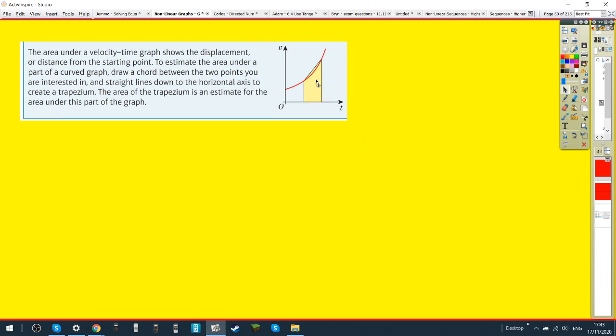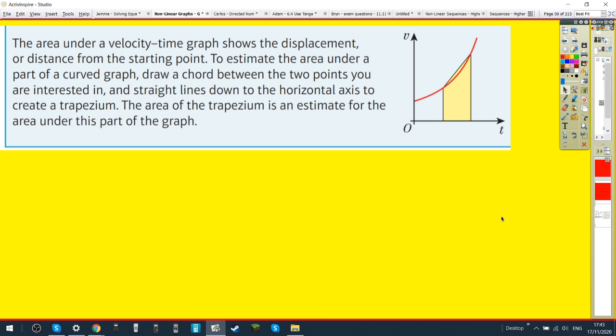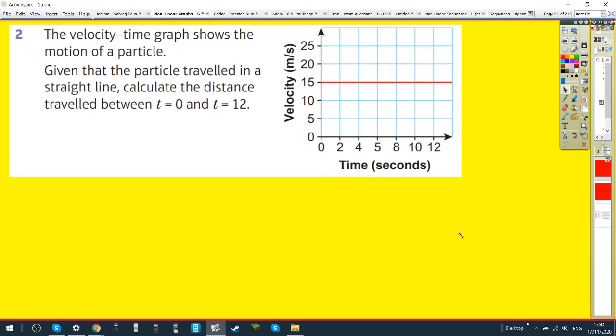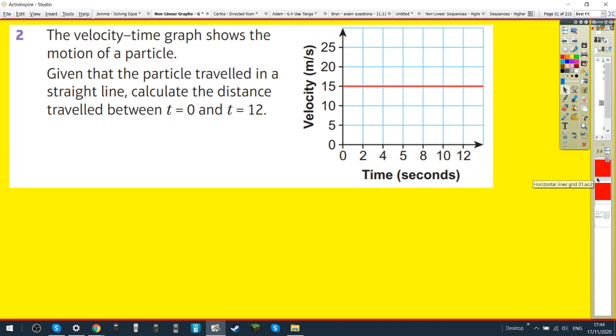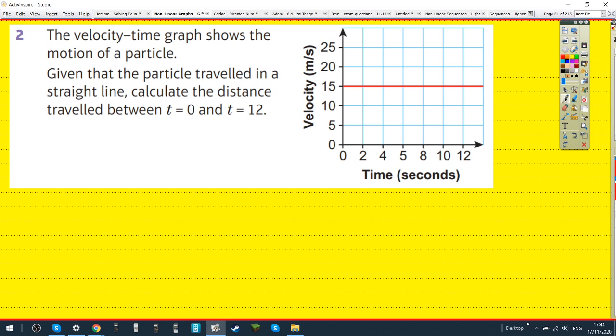Okay, the area under a graph tells you its distance. So let's take a look. How about this one? The velocity time versus the motion of the particle.